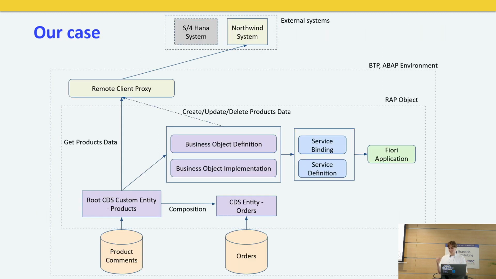At the end, this is the final schema. We will have the root custom entity, which represents the products, and all the orders. We can have many orders linked to one product. We will create a composition link between these two entities and store the orders on our own database.